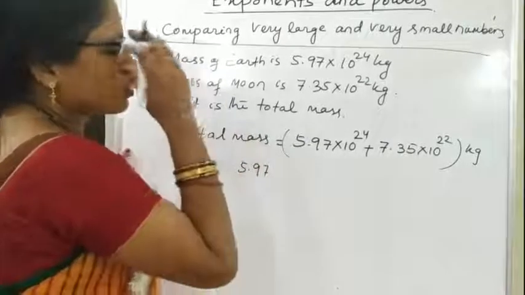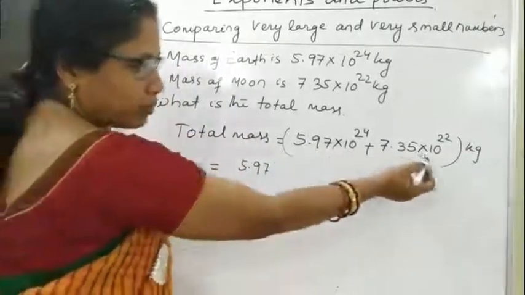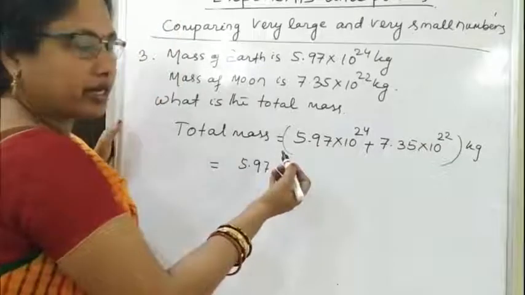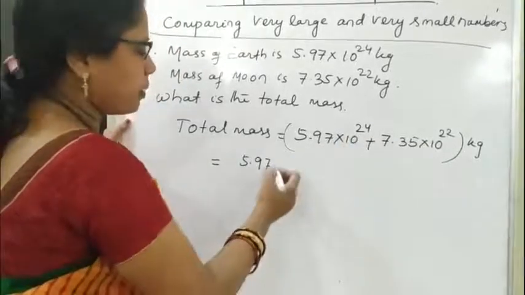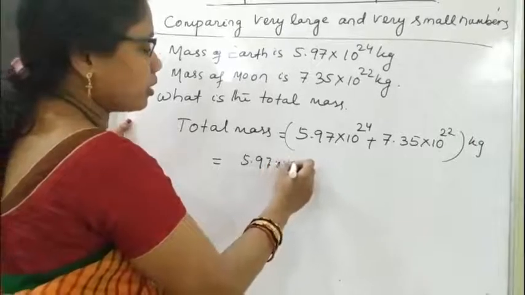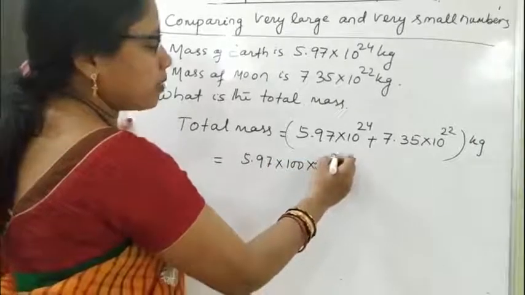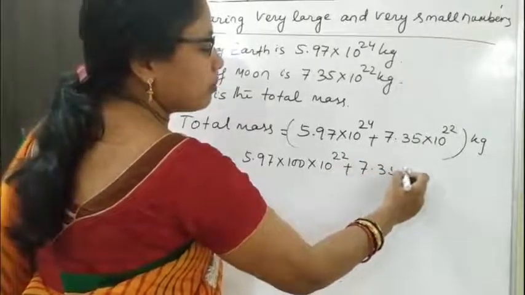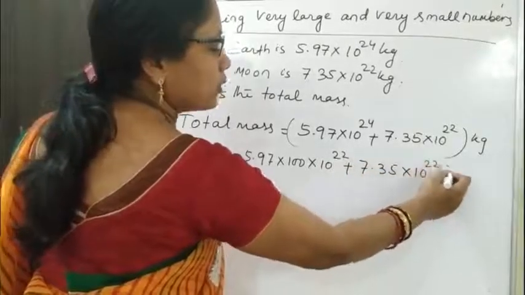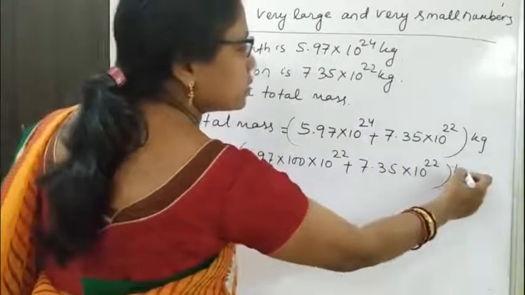So this is equal to 5.97. So 10 to the power 22 is common, so we have to convert it into 10 to the power 22. So 597 into 10 to the power 22 plus 7.35 multiplied with 10 to the power 22 kg.